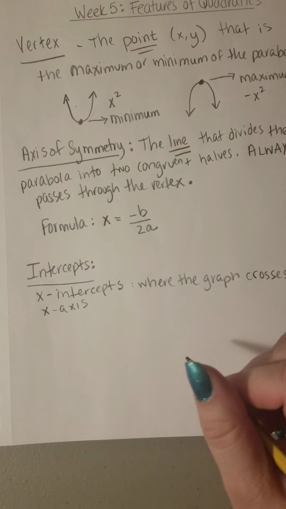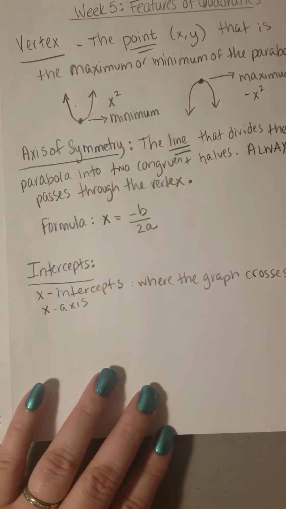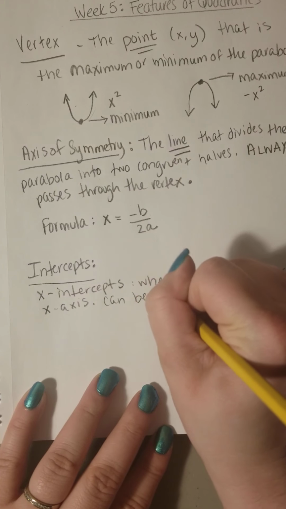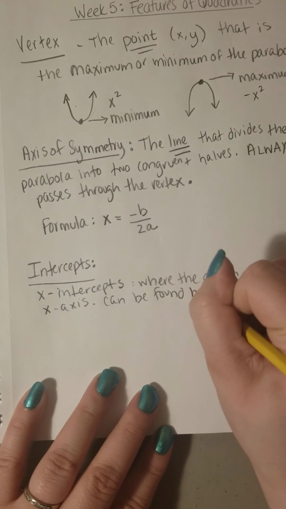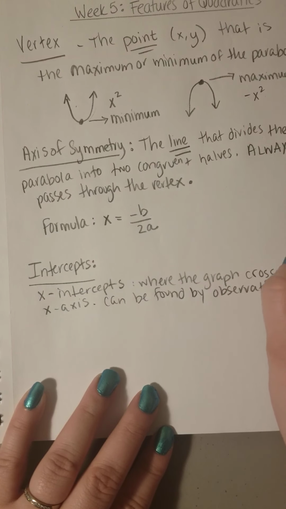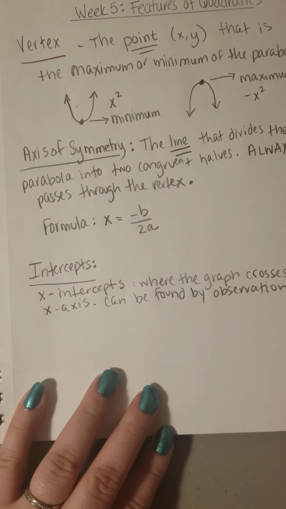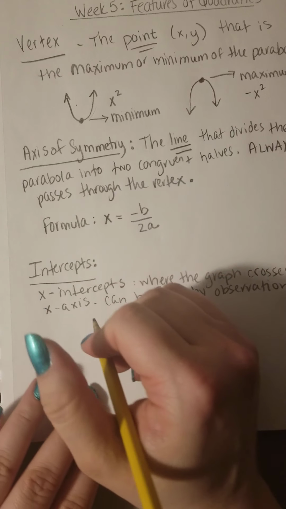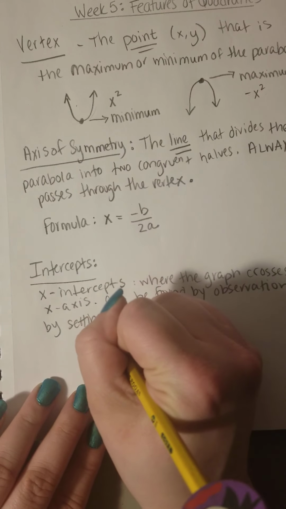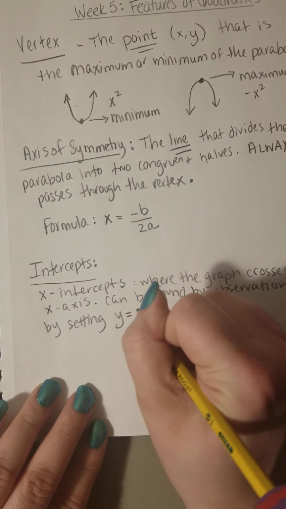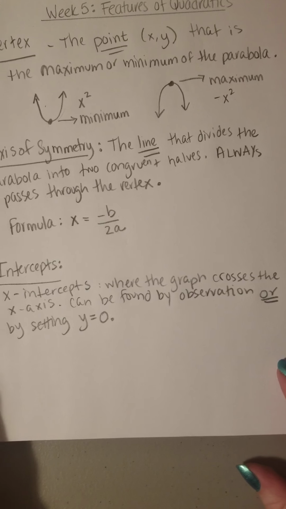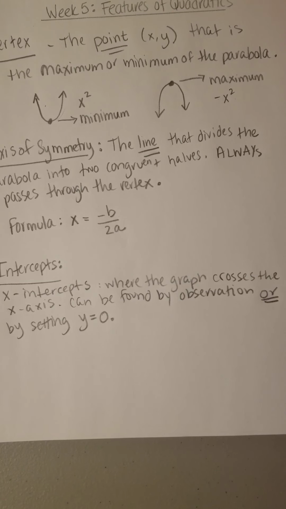It can be found by observation of a graph, or by setting y equal to 0. So if I'm looking for the x-intercepts, I'm going to set the y equal to 0.